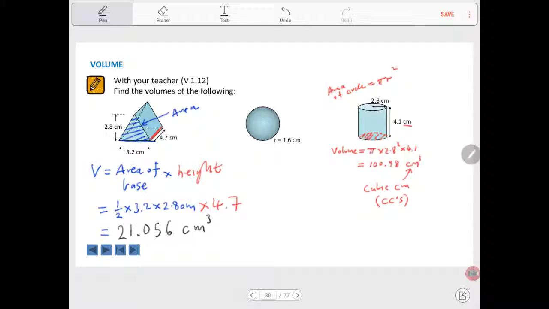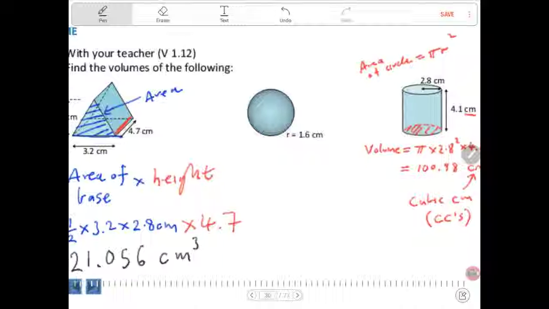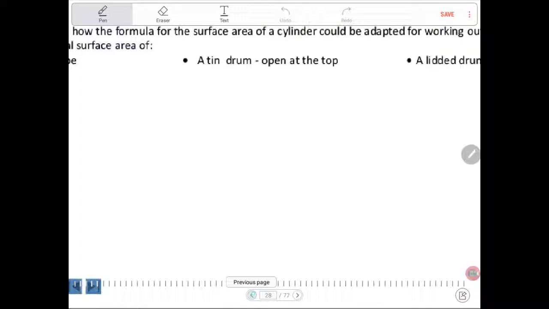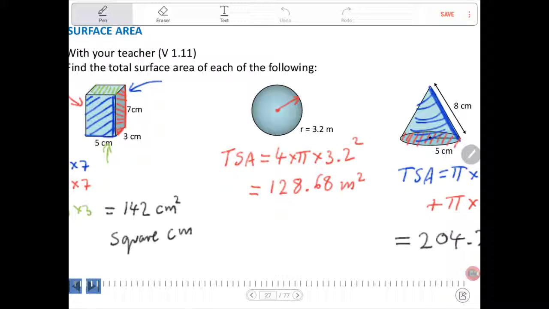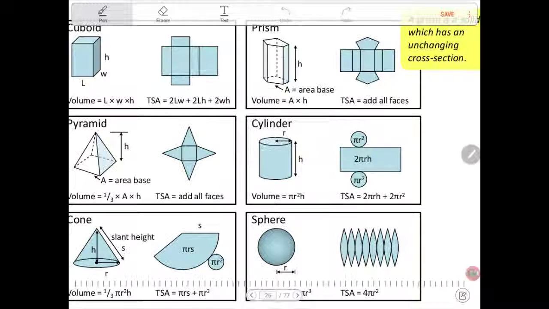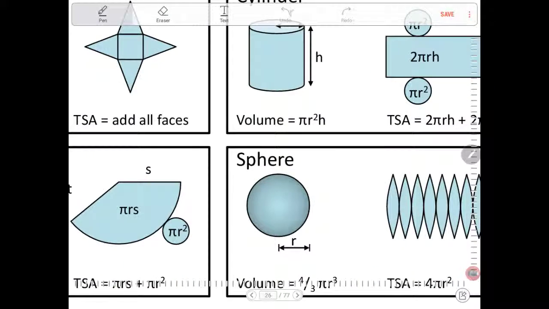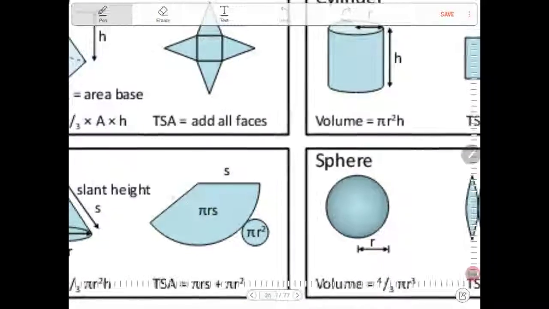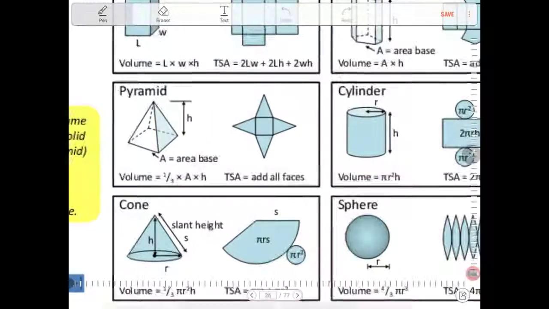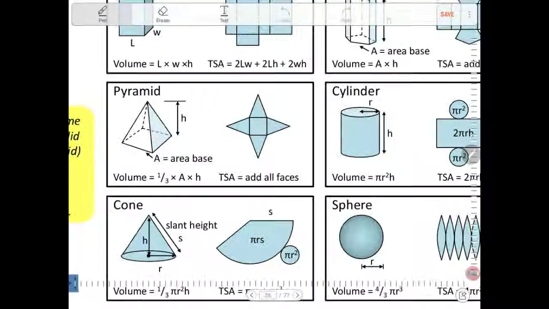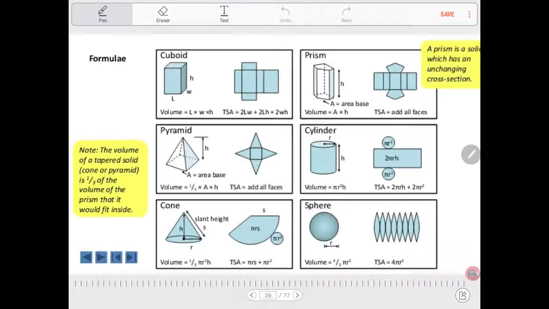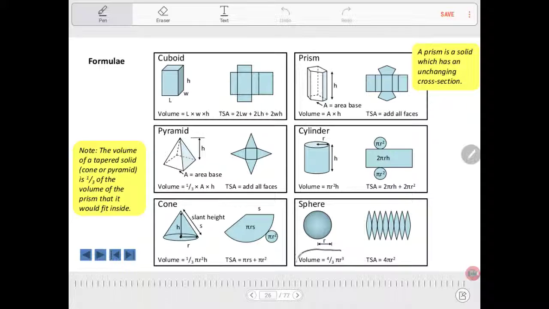So let's look at the volume of the sphere. Now the sphere is not a prism, so we're going to use this formula back here. Here it is here, the volume of a sphere: 4/3 pi r cubed.